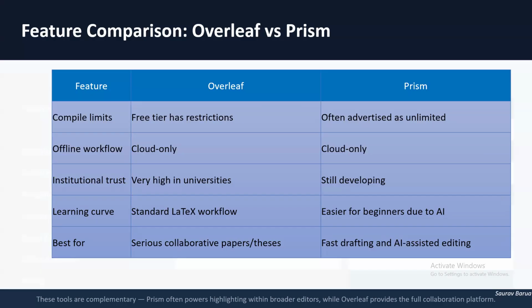And institutional trust is very high in universities. Very many universities use Overleaf. However, Prism is still under development. And the learning curve: Overleaf follows the standard LaTeX workflow. And Prism is easier for beginners since it is AI supported. Overleaf is best for serious collaboration, papers, and theses. However, if we use Prism, it is fast drafting and AI-assisted editing.